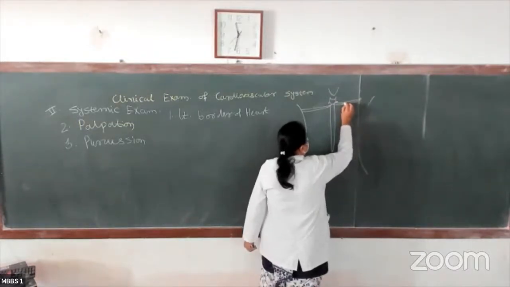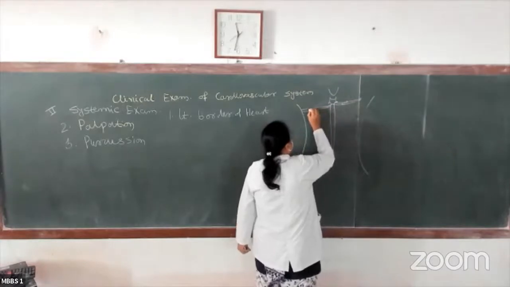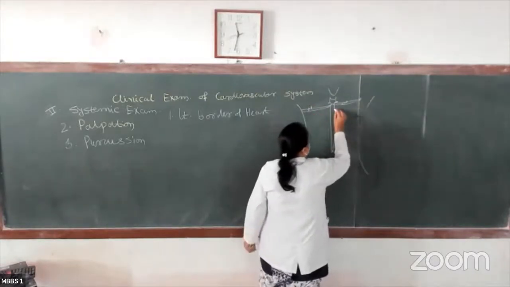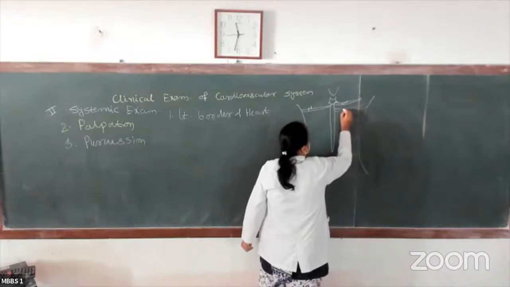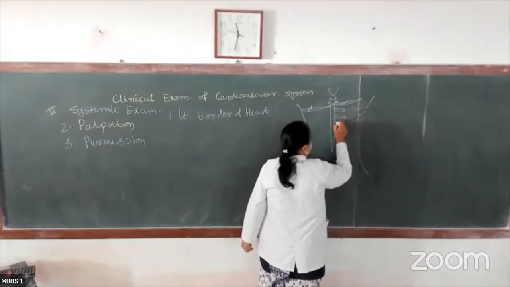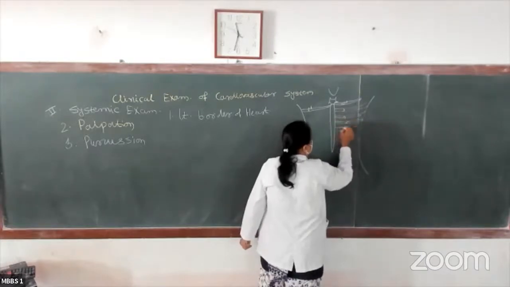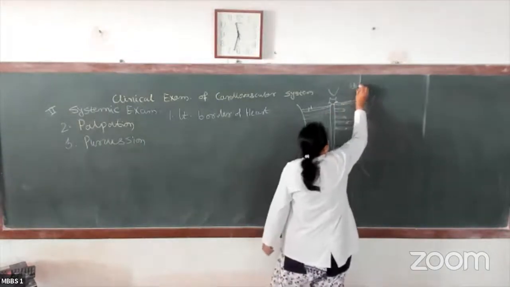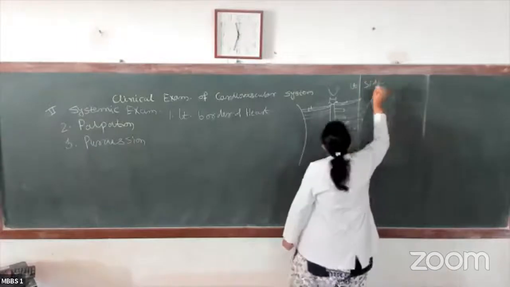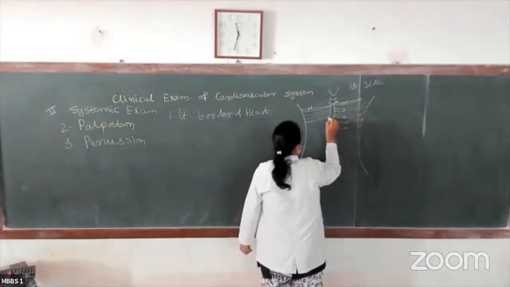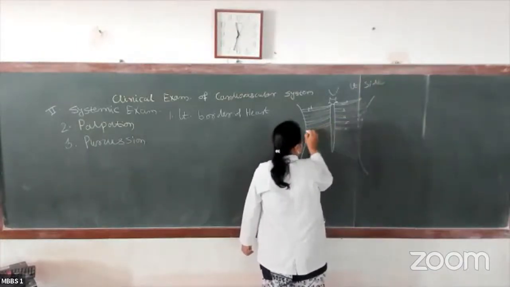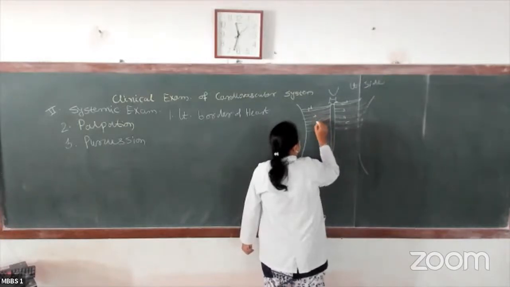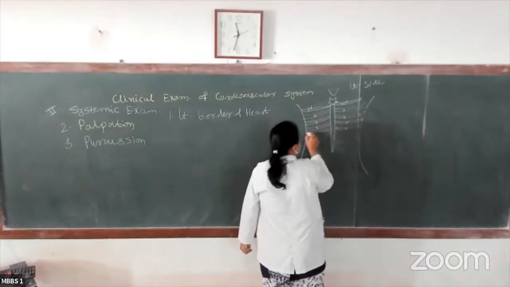Below there is the third rib, fourth rib, fifth rib, sixth rib. Same on the right side; this is the left side. Same: third, fourth, fifth, and sixth.